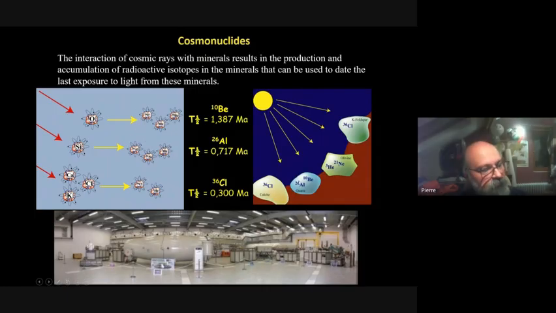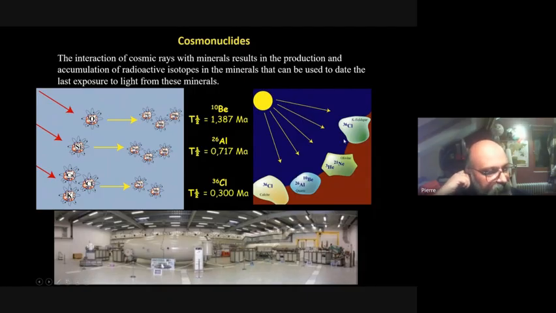And these elements are accumulated in different supports, like here minerals, and it is possible to determine the ratio of these different elements and give the age of the beginning of the interaction between cosmic rays and these specific minerals.